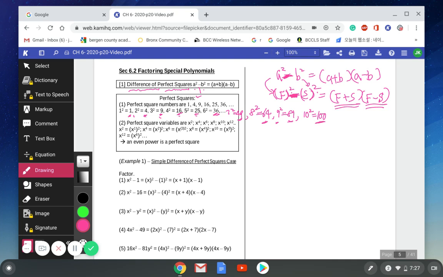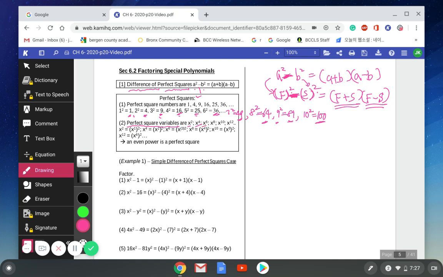Now then, what is a perfect squared variable? Variables are letters, right? A perfect squared variable is any letter to the second power or a multiple of the second power. So x squared is a perfect squared variable. X to the fourth is a perfect squared variable because 4 is a multiple of 2.